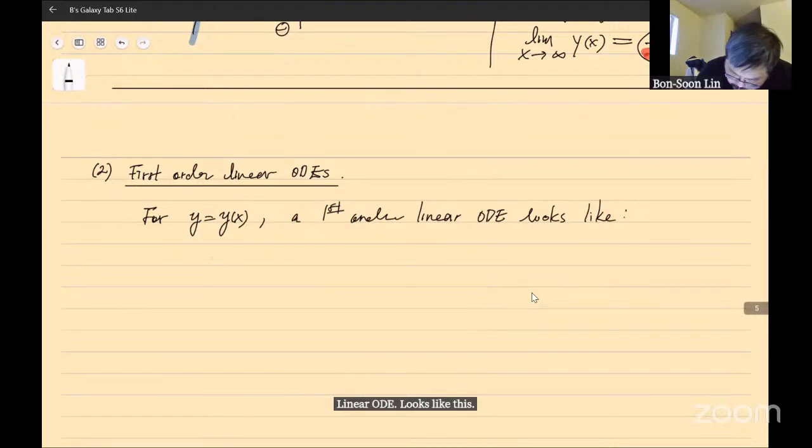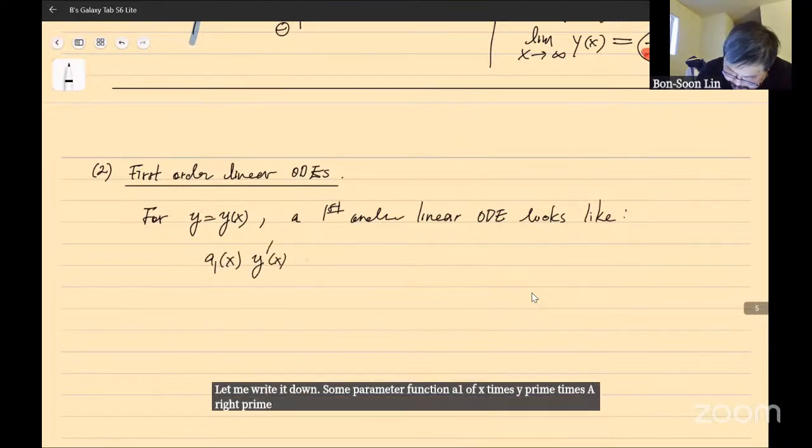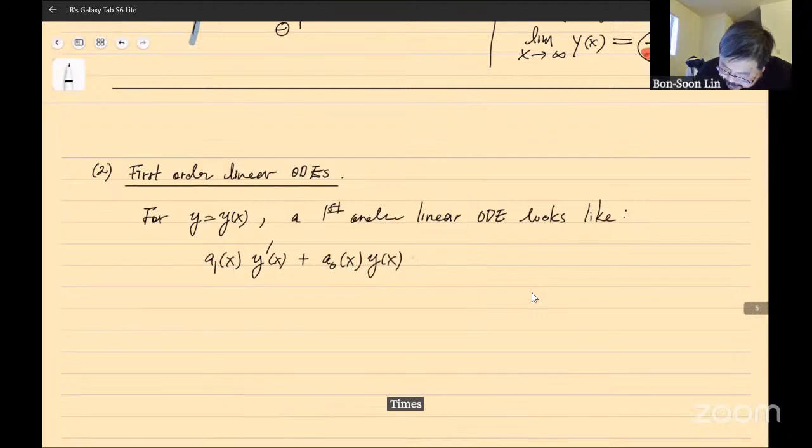Let me write it down. Some parameter function a1 of x times y prime, y prime really being y prime of x, plus a0 of x times y of x equal to some forcing term f of x, right?